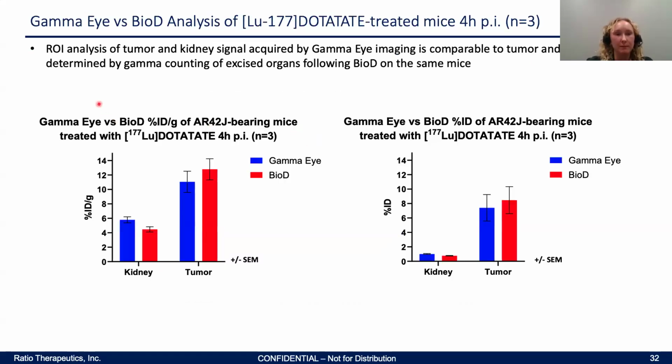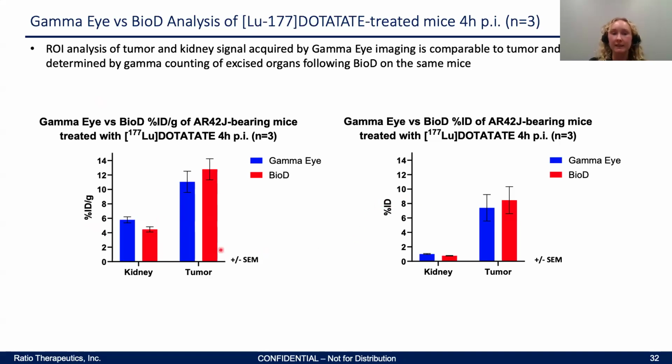So here are some organ or ROI data for the gamma I portion of this analysis, and then bio-D data comes from gamma counting those organs as described earlier. So we can see in blue gamma I data, percent ID per gram on the left graph and percent ID on the right graph, and then bio-D in red on both graphs.